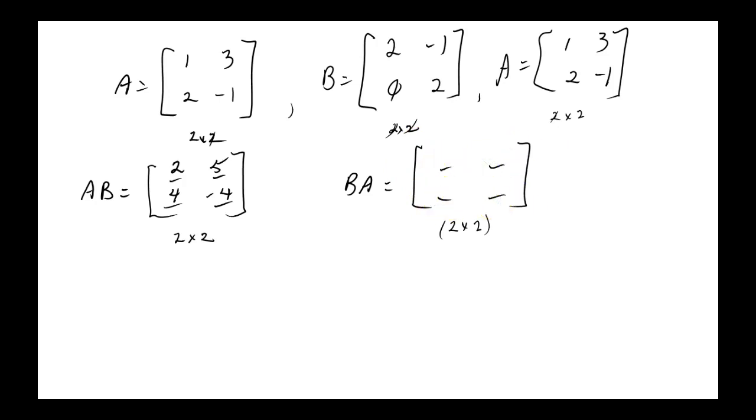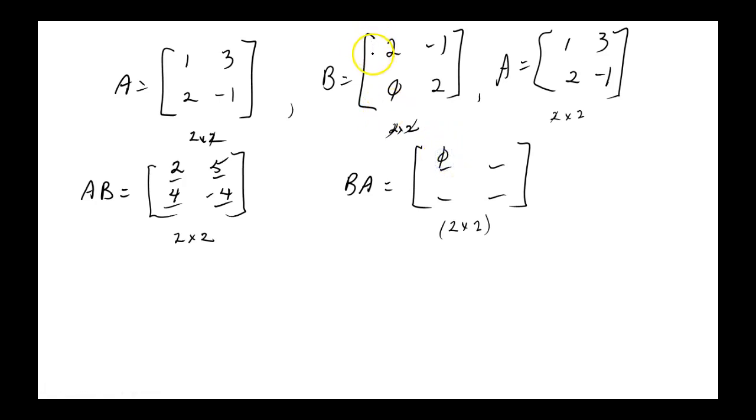Okay, let's do BA. The 1, 1 entry would be... Zero. Excellent.